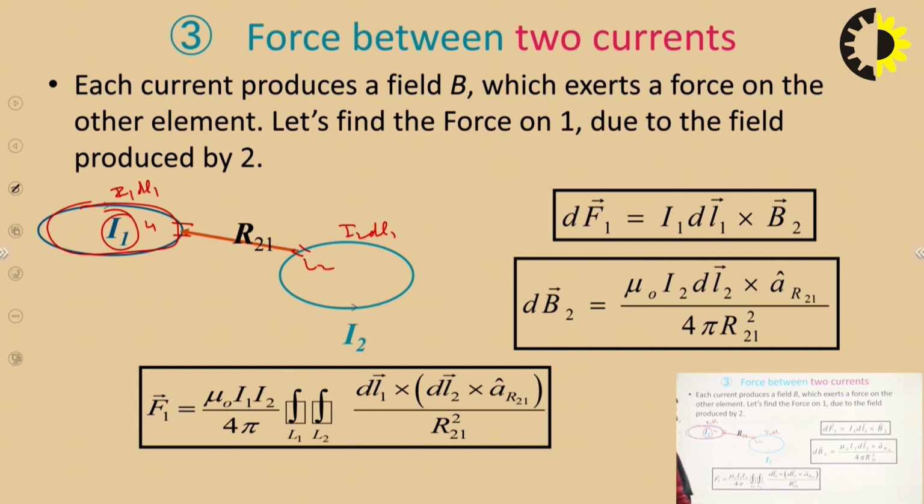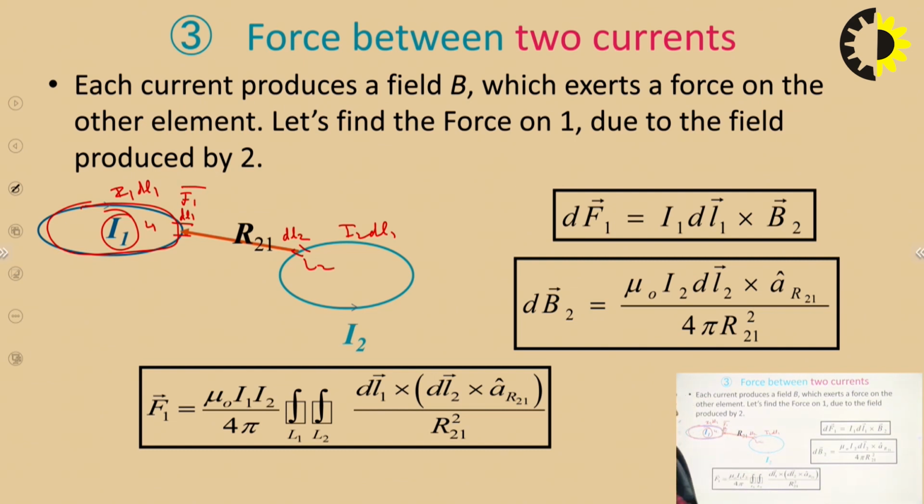So we integrate 0 to L1, 0 to L2, and if we take a differential element dl1 here and dl2 here, we can easily calculate the force F1 due to this circular path.